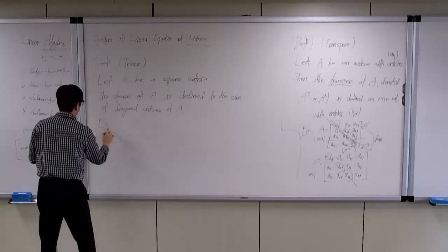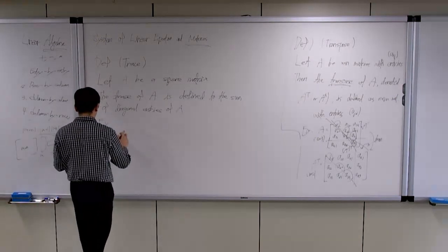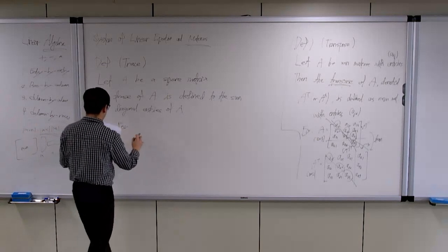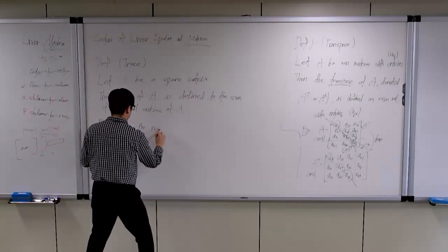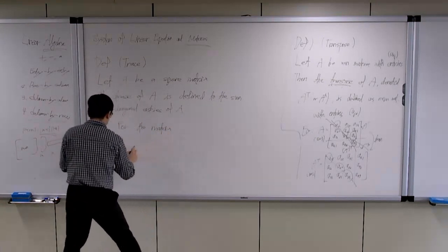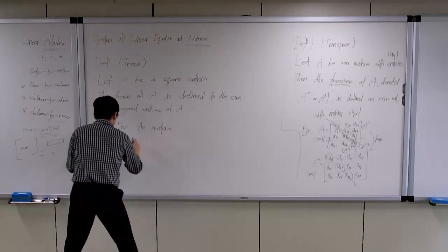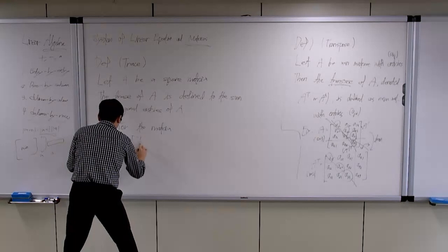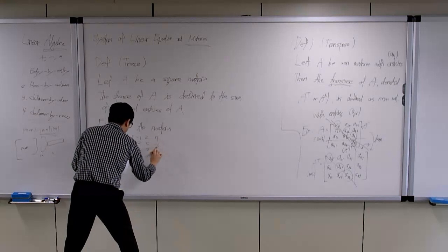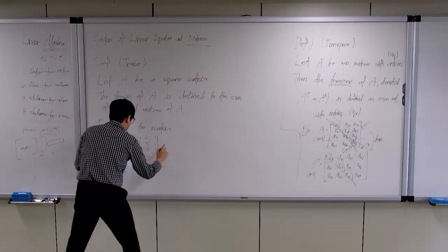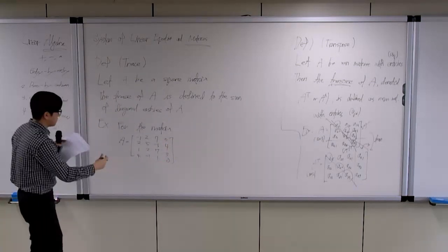Let me give an example. I think if you see an example, then you can get what this is. For the matrix A, with entries minus 1, 2, 1, 4, 2, 5, 2, minus 1, 7, minus 3, 7, 1, it is a square matrix.